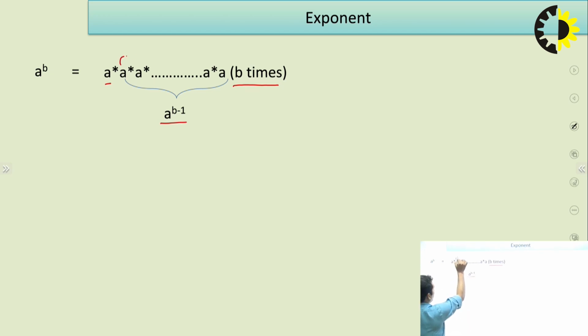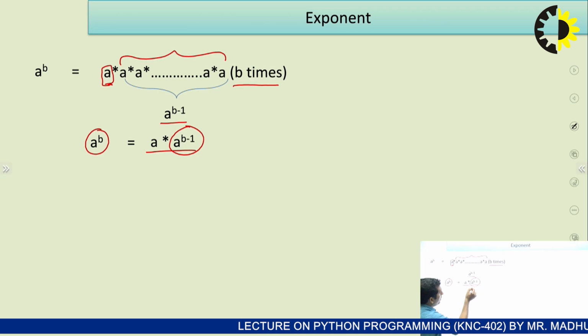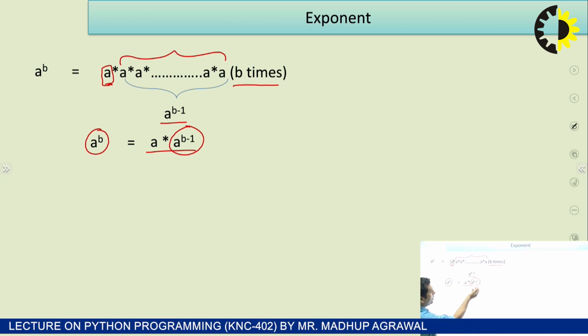Here we have one term and the remaining b minus 1 terms, so a power b equals a into a power b minus 1. So here we are defining the main problem, a power b, using its own term. We are defining exponent in the exponent form.